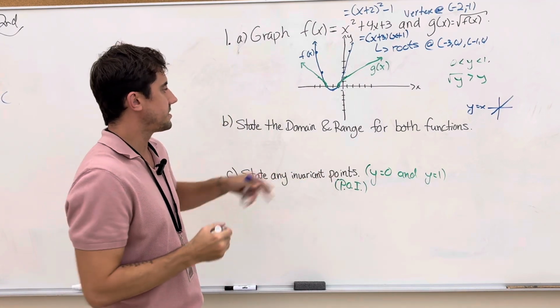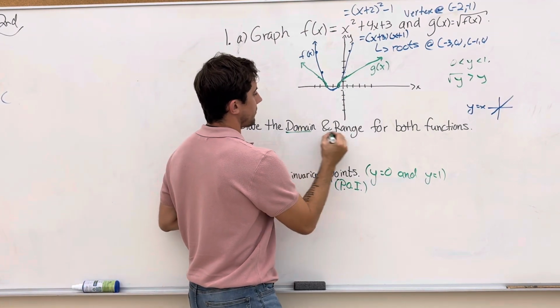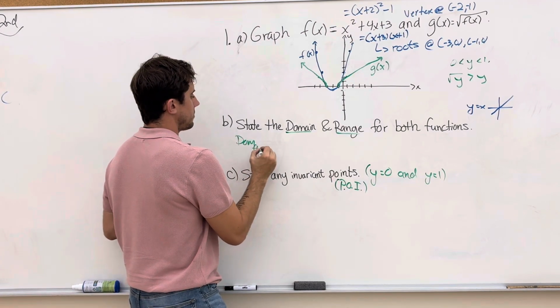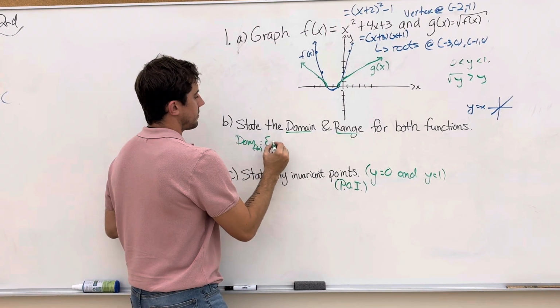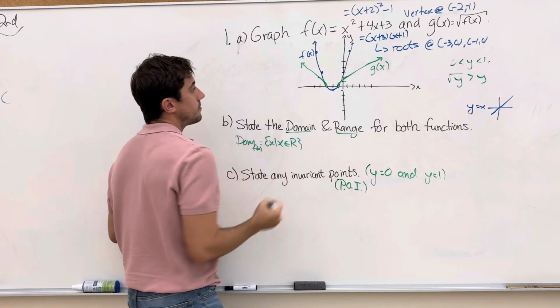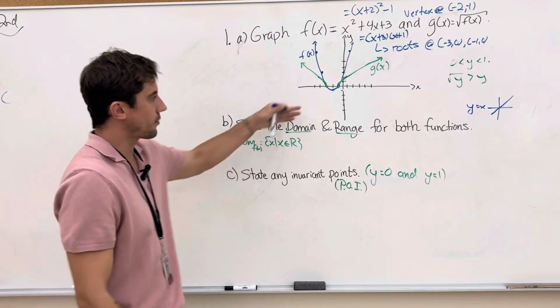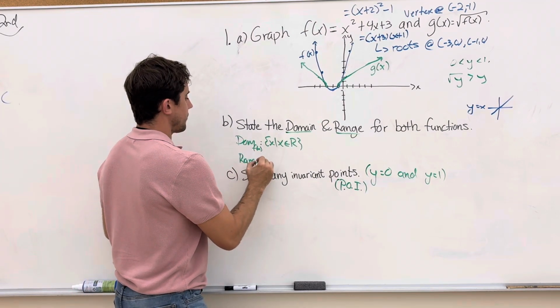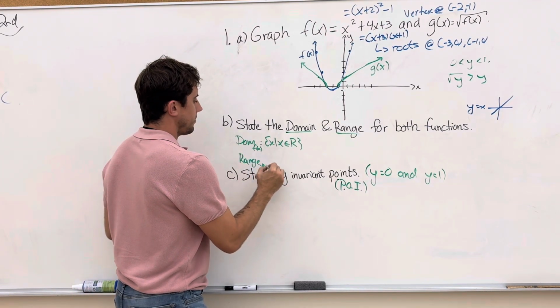Now, we're asked to state the domain and range for both f and g of x. So the domain of f of x, that's easy enough. That's the set of x values where x can be any real number, right? There are no restrictions in x for a parabola. Its range is the vertex and above.